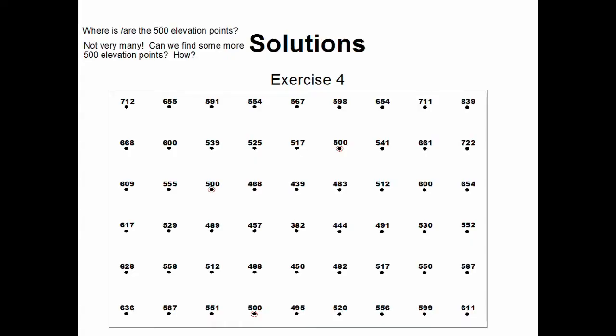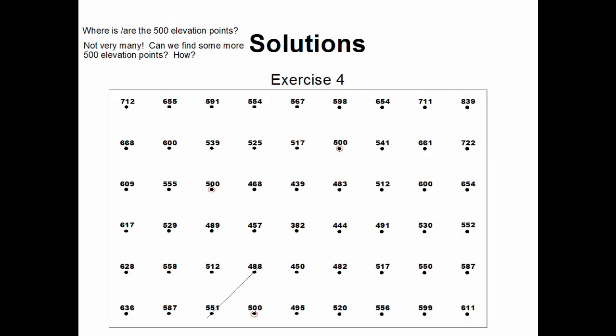Well, now how can we find more 500 elevation points? Well, let's find two values, one above and one below 500, and draw a very faint line as we have done before. Now, as you construct the map, you do not have to draw this very faint line. If you must, to give you a little visual aid, then draw it very faintly so you can erase it later.